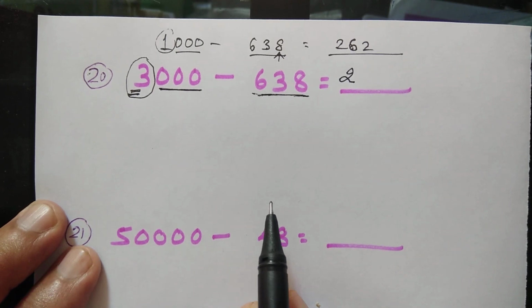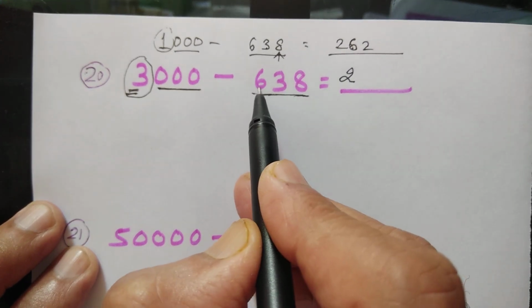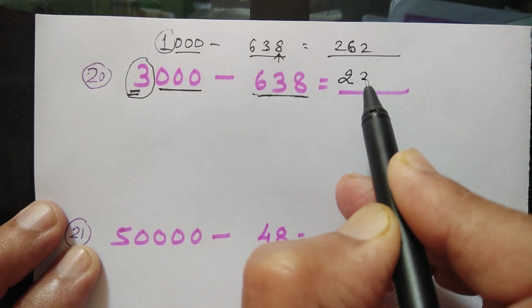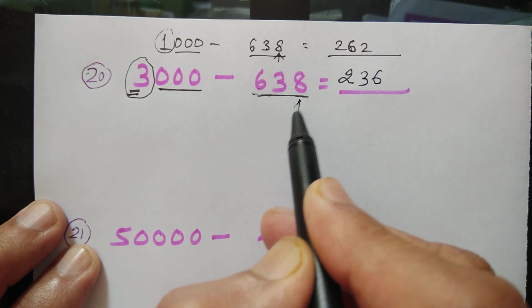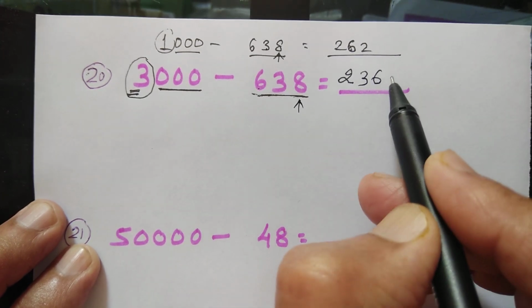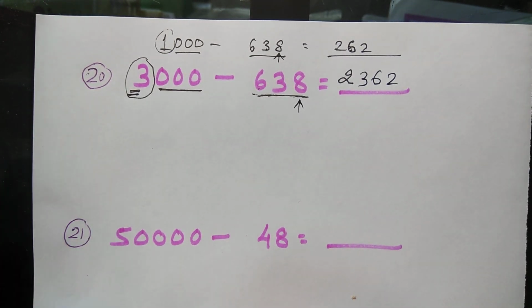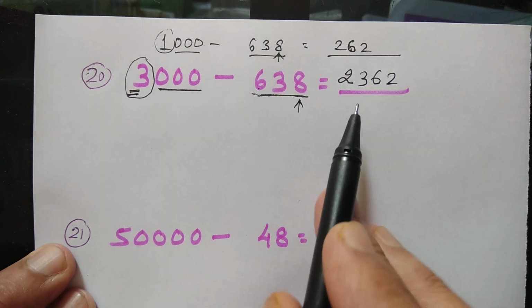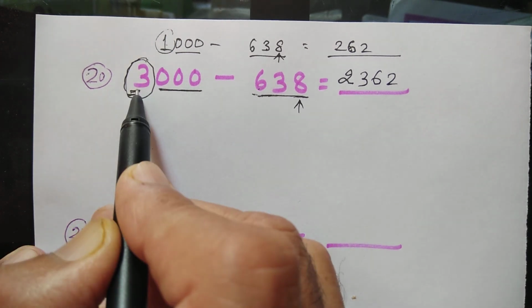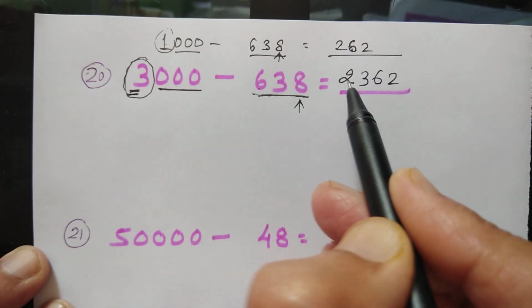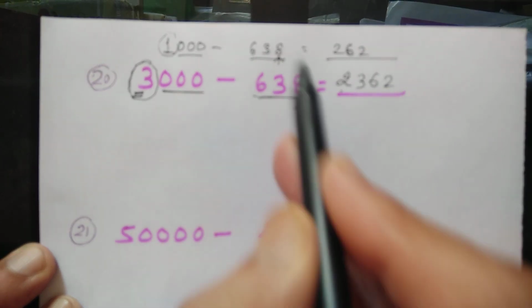All from 9 and last from 10. 6 plus 3, 9. 3 plus 6, 9. And this number subtract from 10 means 8 plus 2 is 10. So the number is 2362 is our answer. But remember here, the number is other than 1, then subtract 1 right here and repeat the process.